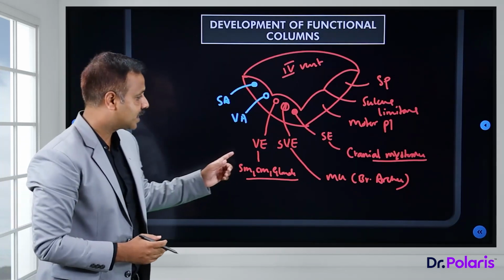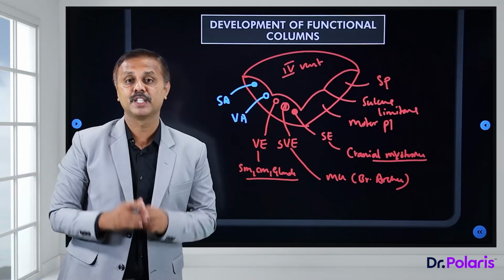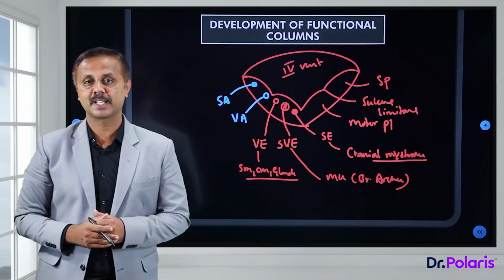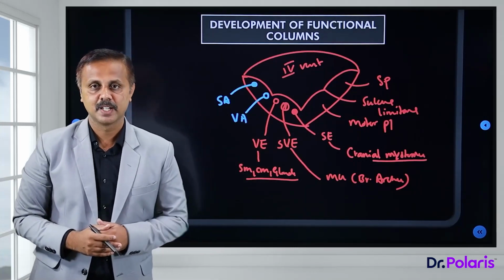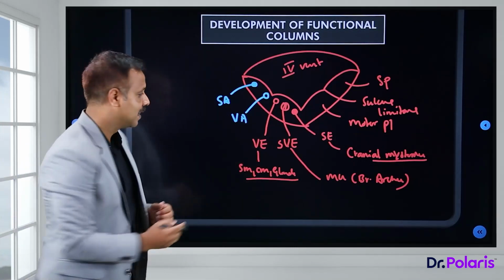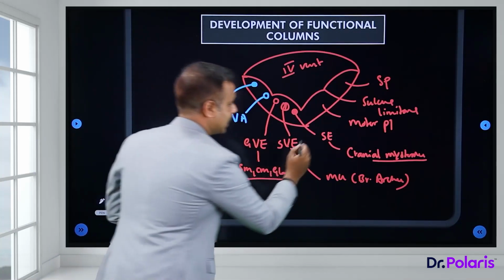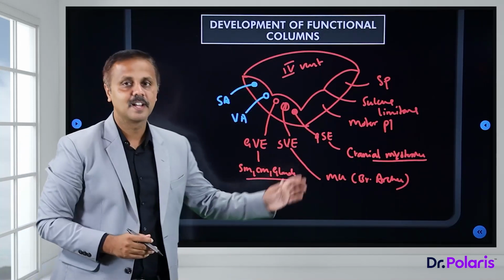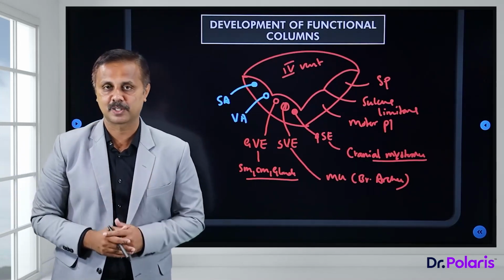So once we have the special visceral efferent column, which develops with the development of branchial arches and supplies the muscles of the branchial arches, we can now call these the general visceral efferent column and this the general somatic efferent column. This is how we have the formation of the efferent columns or the motor columns.